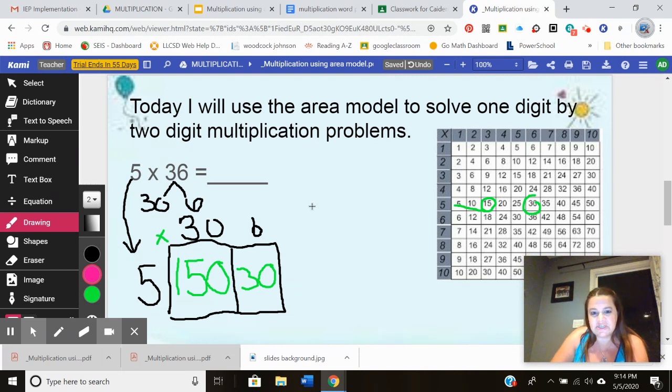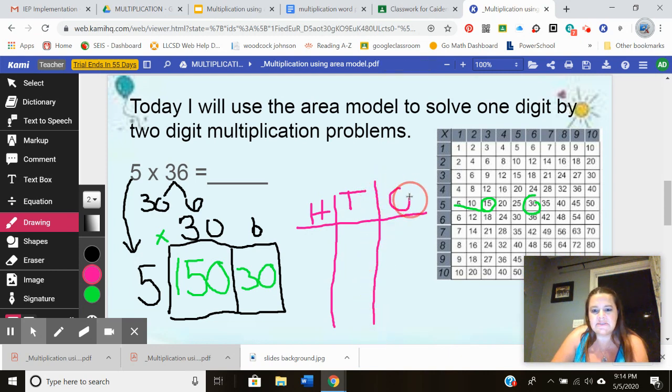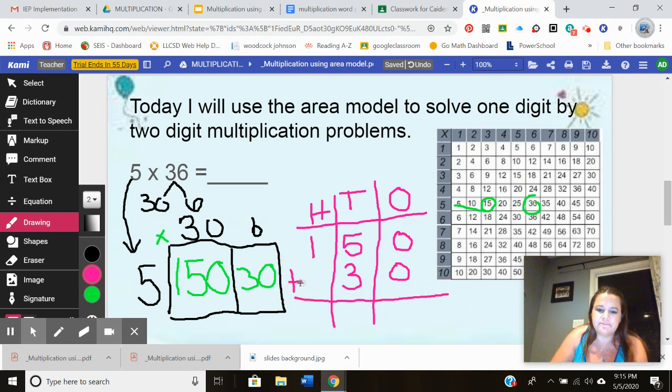I have a 3-digit number, so I'm going to write hundreds, tens, and ones. This just keeps me organized, which is why I do this. And I write my numbers in: 150 and then 30.